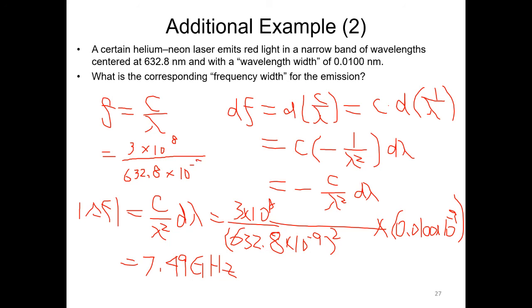So you can see that 8 plus 9 is 17. Maybe you minus 2 orders, or at most 3 orders, because this is 1 over 200.